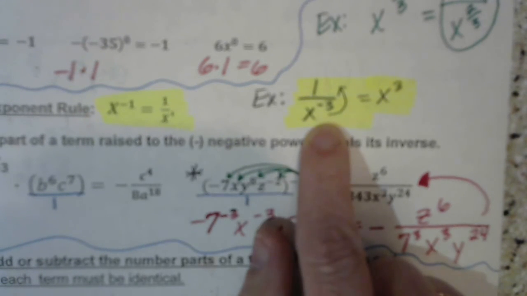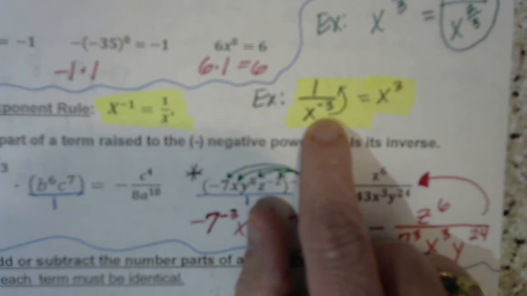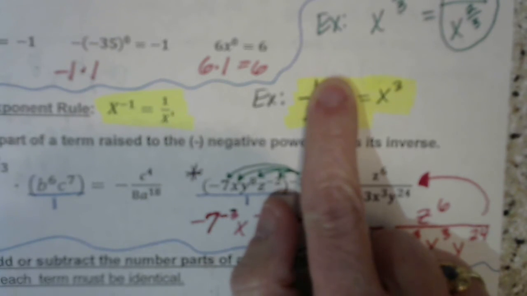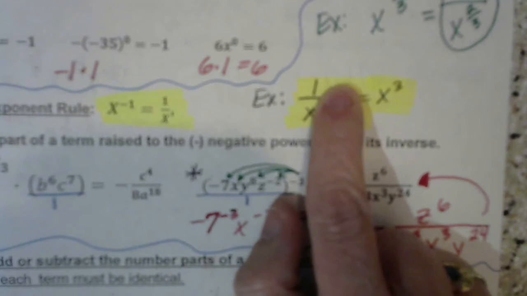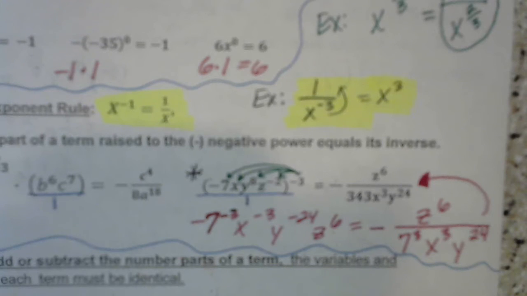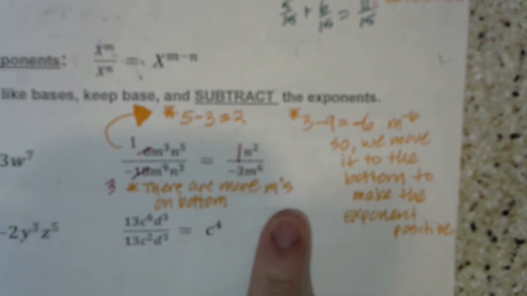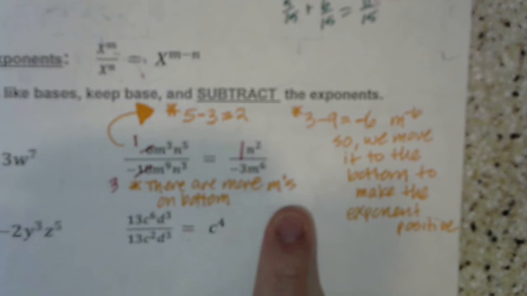If it's already in the denominator and it's negative, I need to move it, but I have to move it up. So once I move it with its base up, it becomes positive. It is the up or down movement that changes an exponent from negative to positive. So if we go back to this subtraction rule here, it's always top minus bottom.